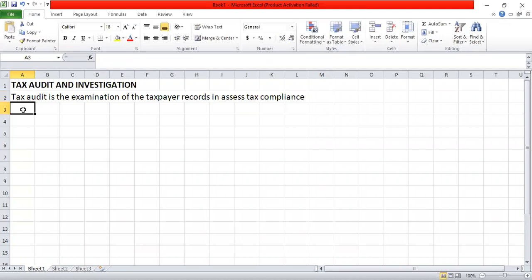So, what are the conditions for tax audit?